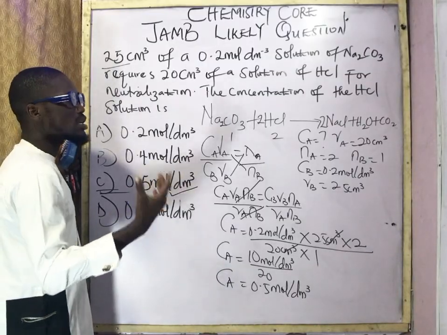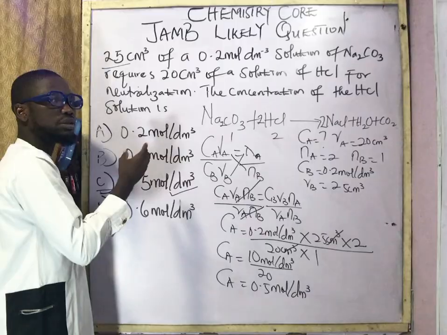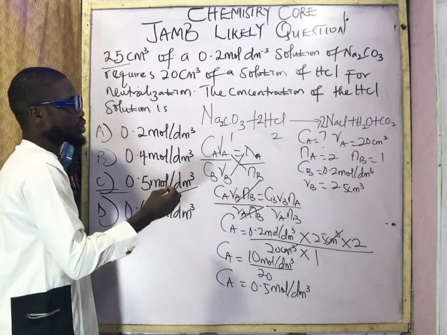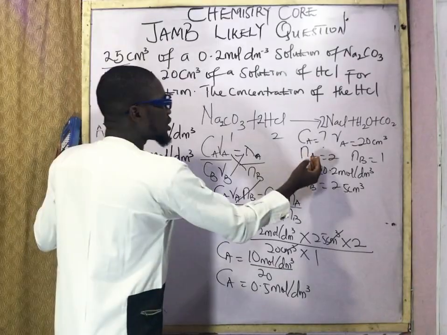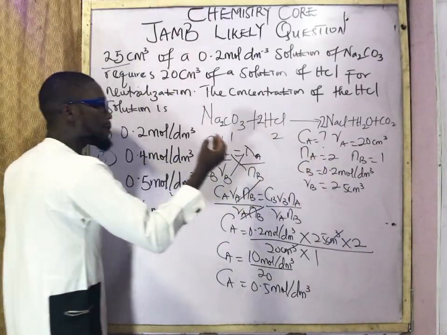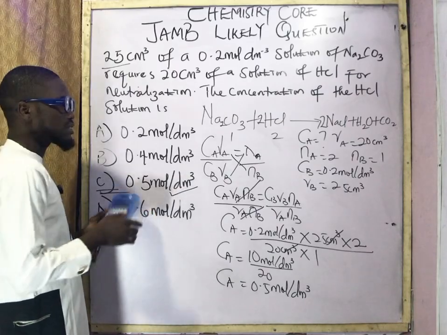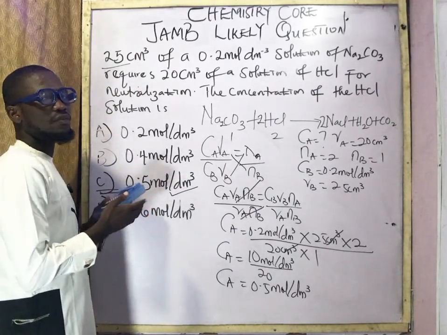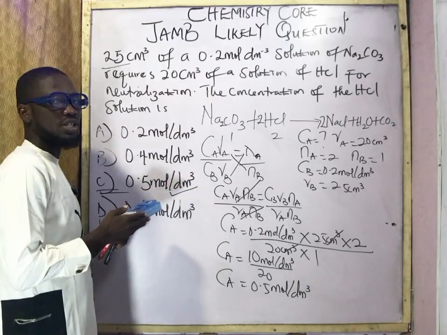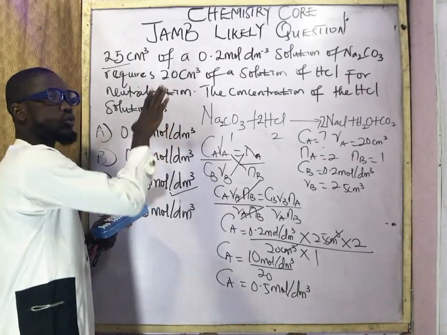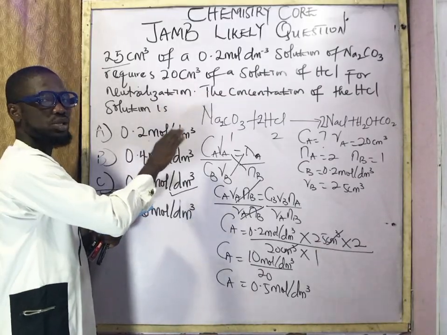Some students might not know how to balance equations, and if you don't know how to balance an equation, you will get it wrong by giving the number of moles of the acid and base an incorrect value. So guys, do well to watch the video to the end in order to understand how you can solve a question that falls under acid, base, and salt.